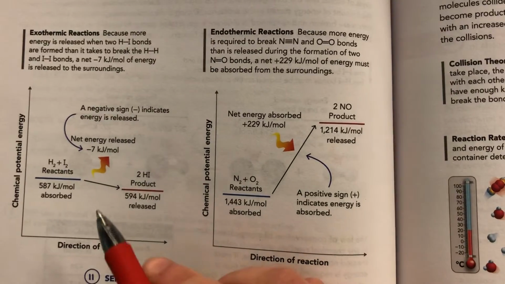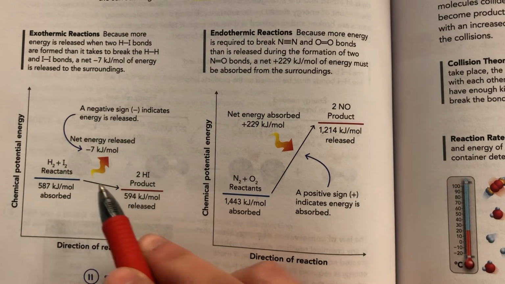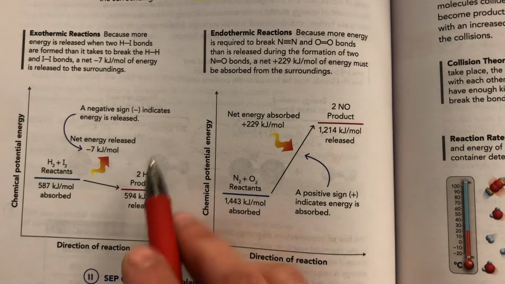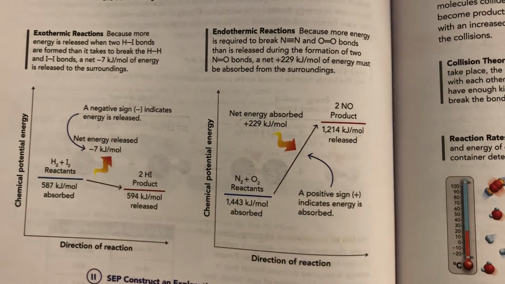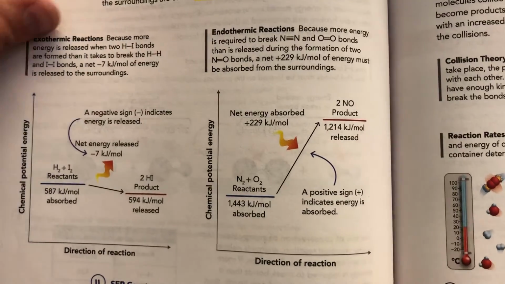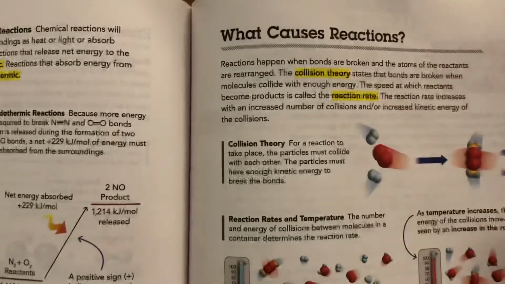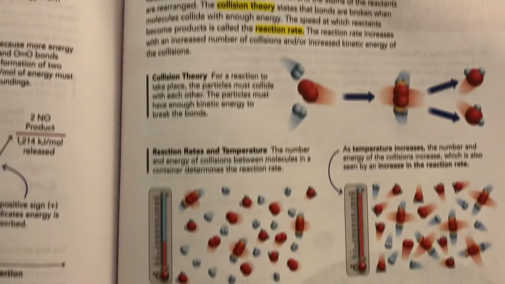If I come back to this picture, this is not showing you the energy that was put in to the reactants. It's just showing you the net change, and this net change is -7, okay? So it's going to be releasing energy. And with water being formed from hydrogens and oxygens, it's much greater than -7, okay? It's a lot more explosive, and it happens very rapidly.